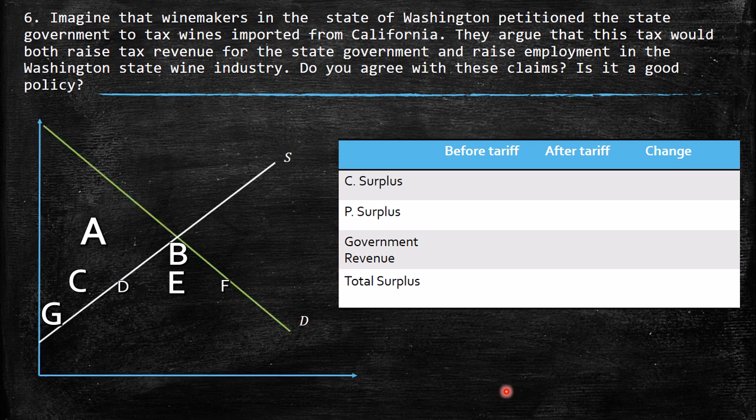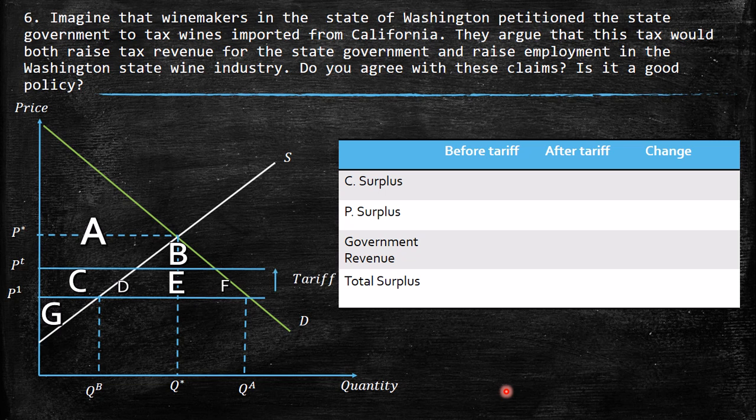So here we have again our normal condition as usual. We have the Q star, P star, the no trade equilibrium, and here we have the P1, which was the import price before the tariff. But after the tariff, we will have PT. So naturally, we will have QC, which is higher, and this is basically what we really want, which is to raise employment in Washington.